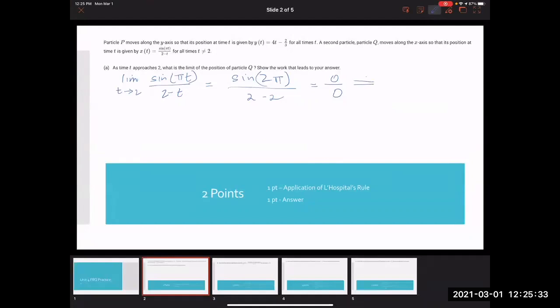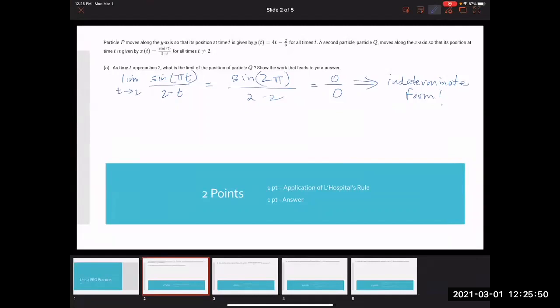Now I'm going to go ahead and write indeterminate form. You don't get a point for it. I'm doing it really for your benefit, so that you remember, okay, if I have an indeterminate form, that is my clue that I have to use L'Hopital's rule.